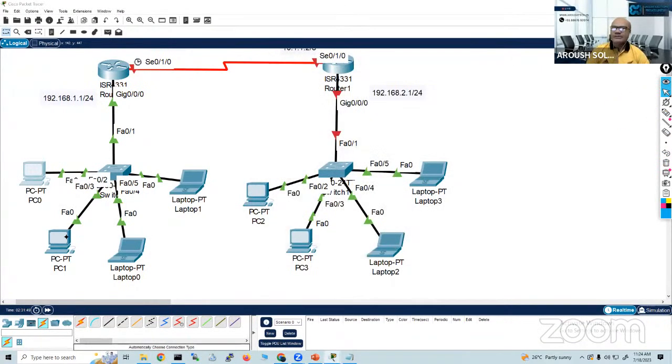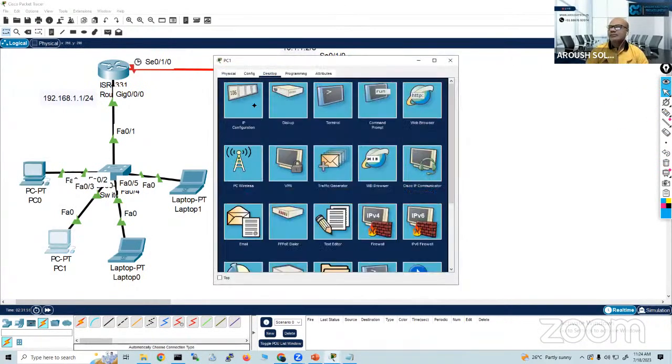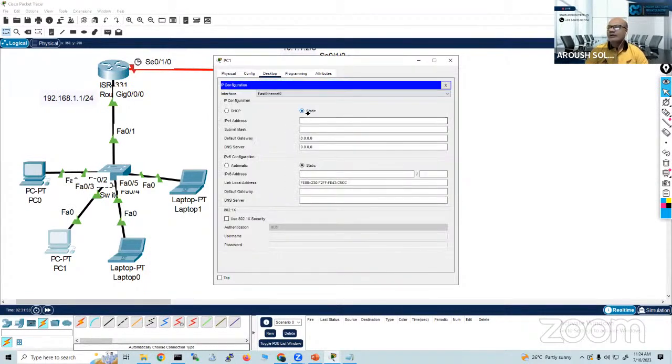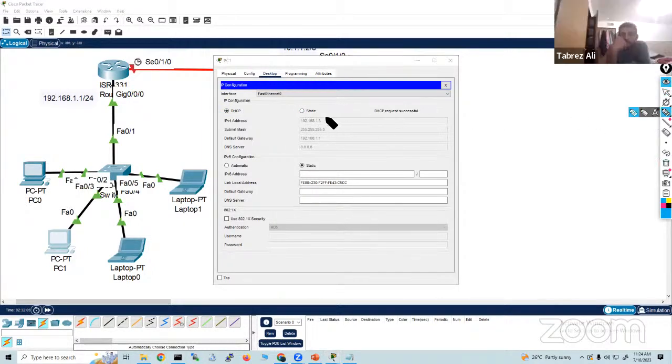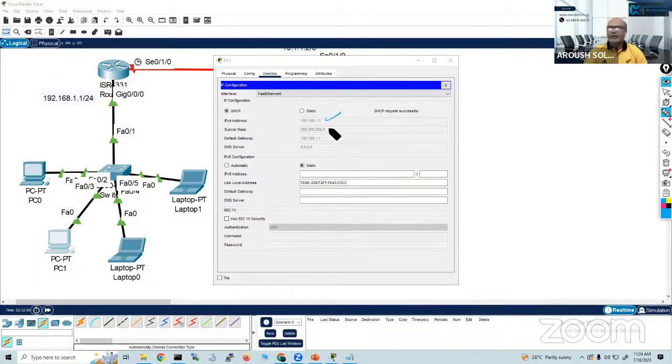Same thing, check for this PC now. Desktop, IP configuration. Now it is static. We don't want static. We want automatic. It should get the IP address from our router. DHCP request successful. This is 1.3. Can you see? Yes, 1.3, and the subnet mask.